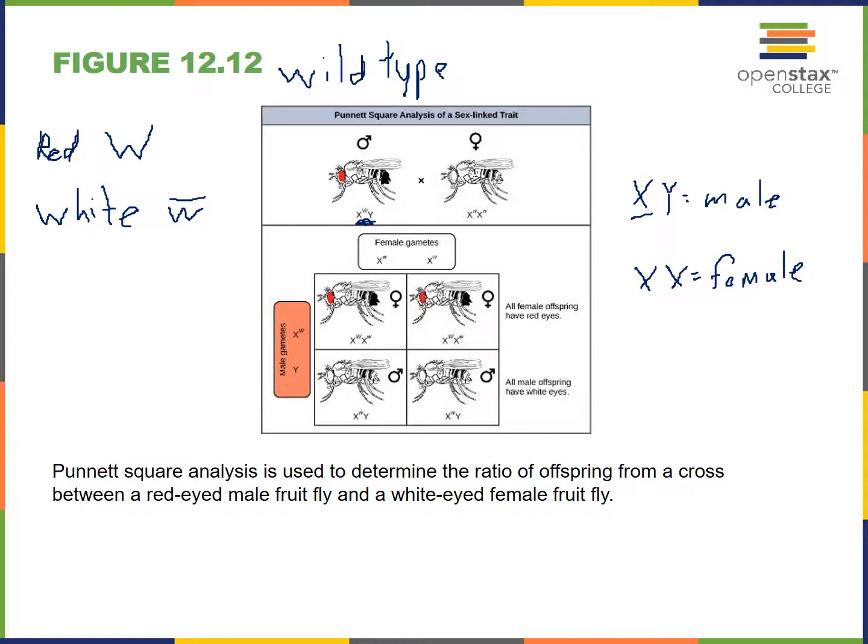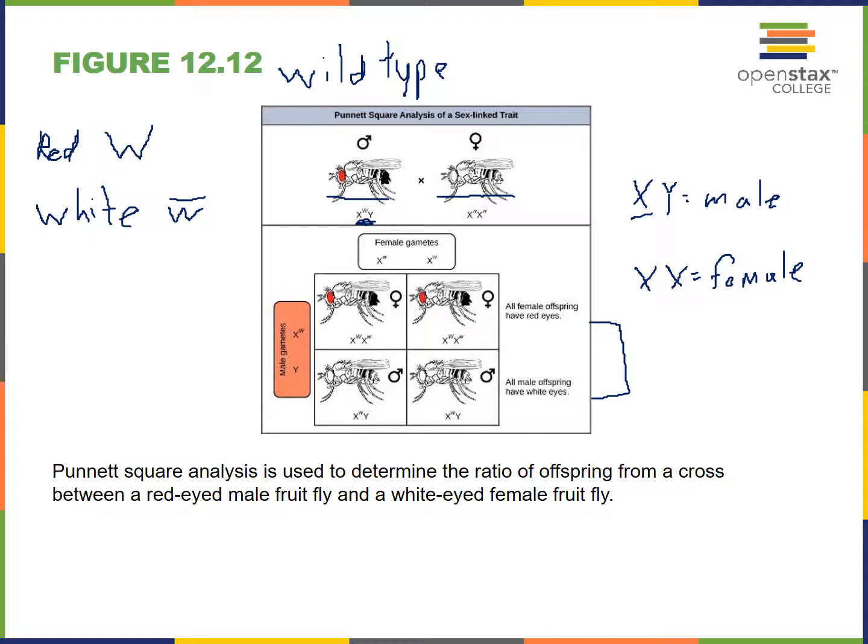So in this example, they crossed red-colored eyed males with white-colored eye females. And they saw a 1-to-1 segregation of eye color.